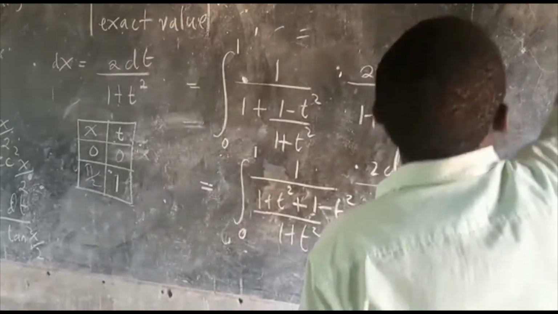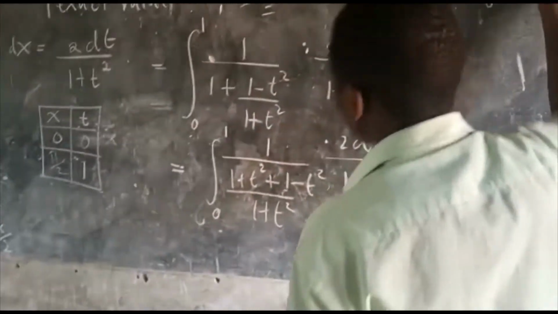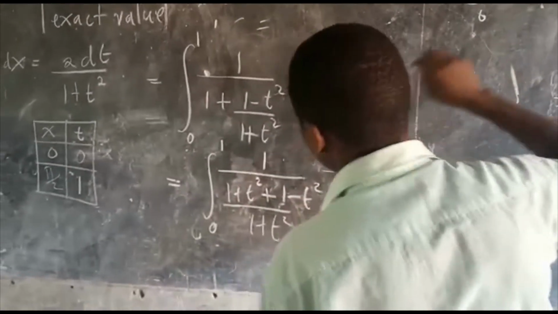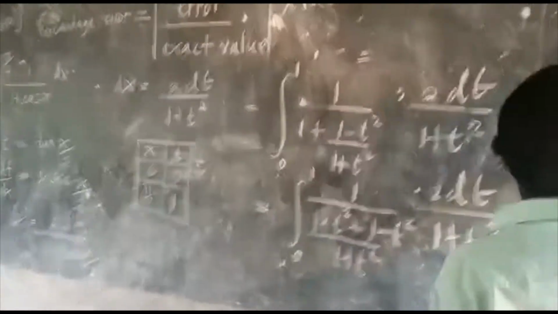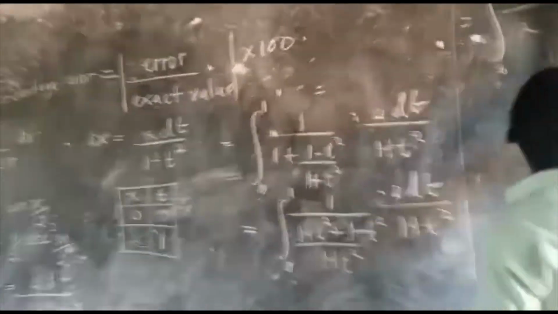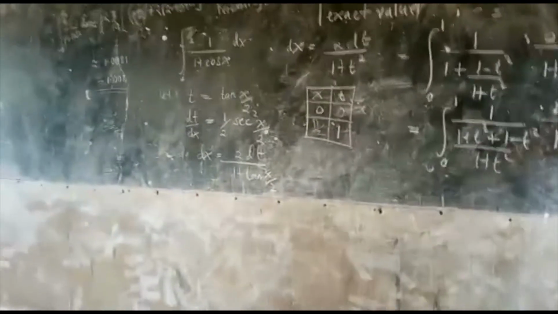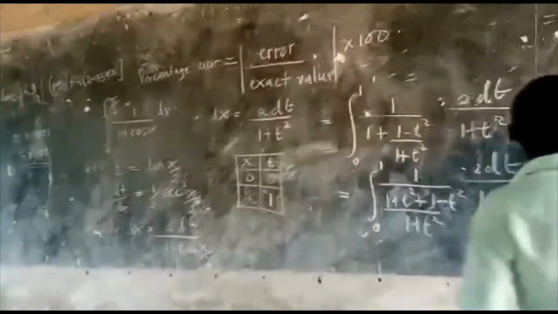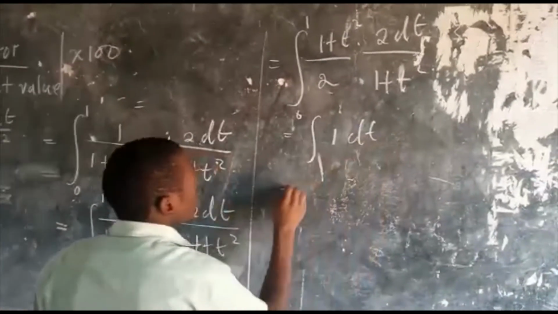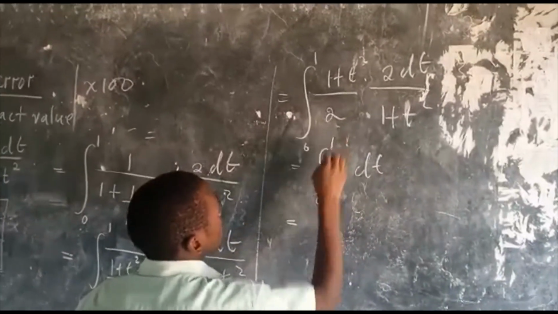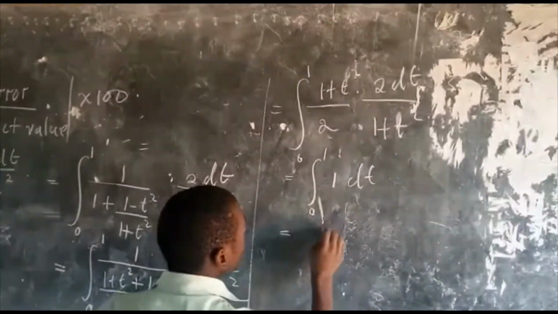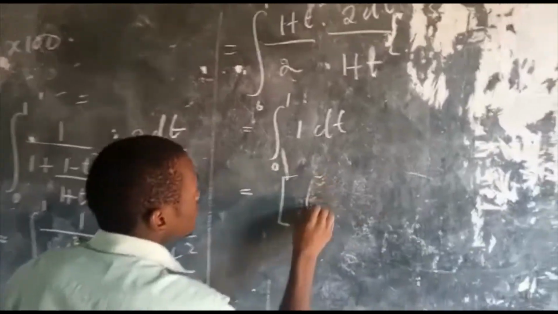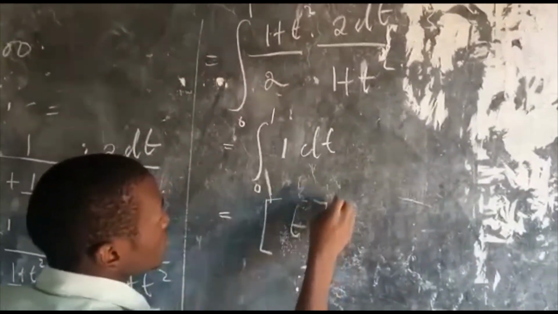Simplifying, I get 1 plus t squared over 2 times 2 dt over 1 plus t squared. This becomes the integral of 1 dt from 0 to 1, which is t from 0 to 1.